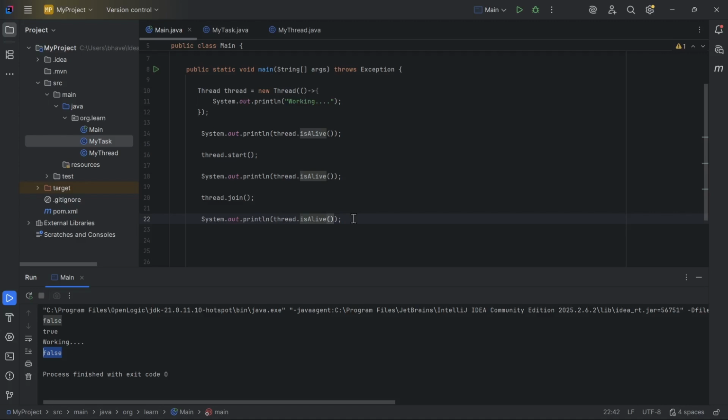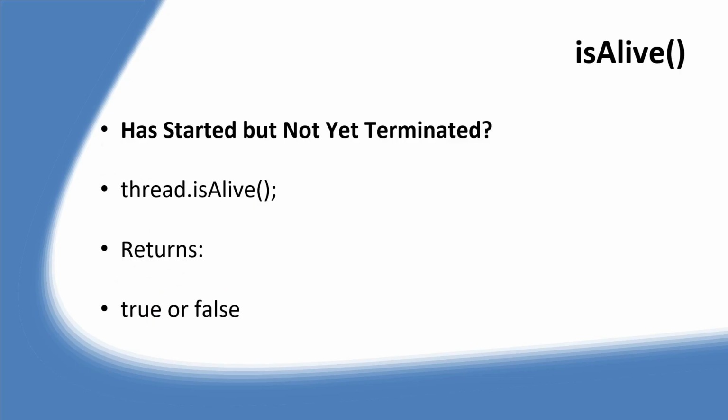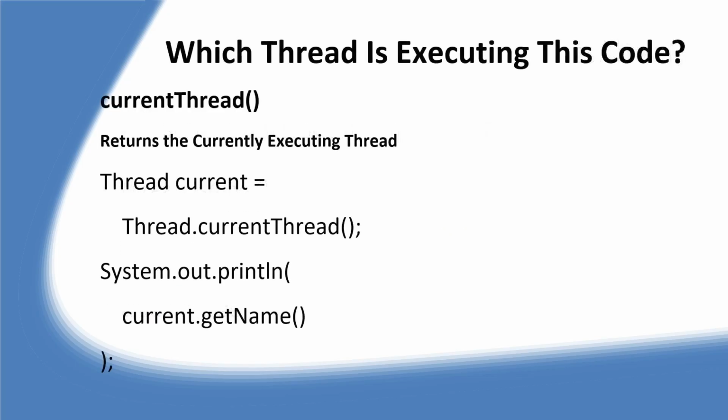Now we will see another method: currentThread. Thread.currentThread returns a reference to the thread that is currently executing that piece of code.